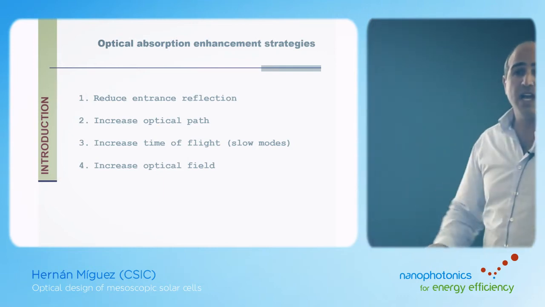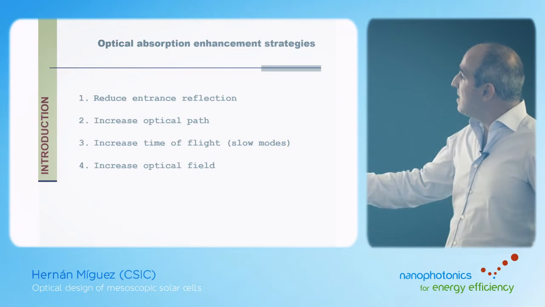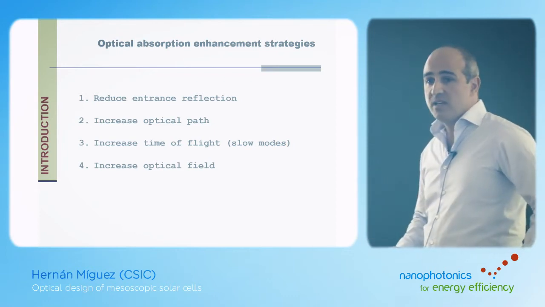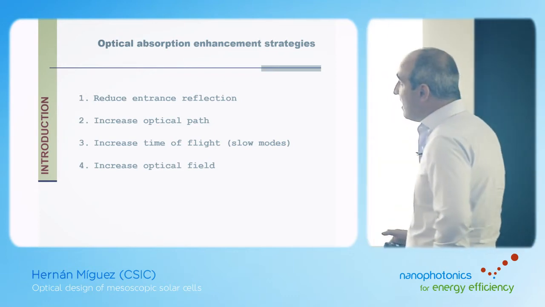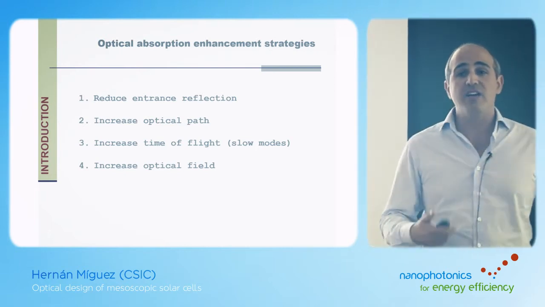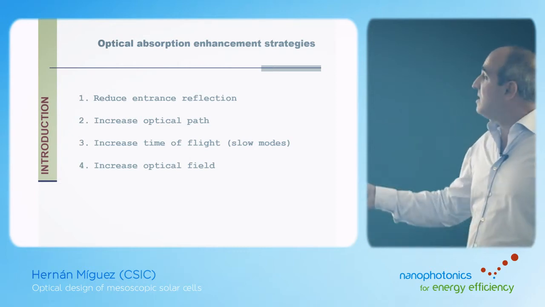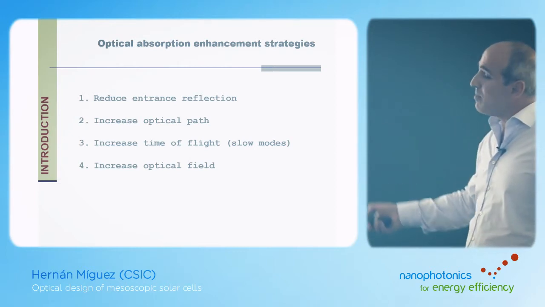So I can get more light within my cell so it can be absorbed. Then, to increase the optical path, right? I need to increase the path that my photons travel through my absorbing material, so there's a higher chance of absorption.